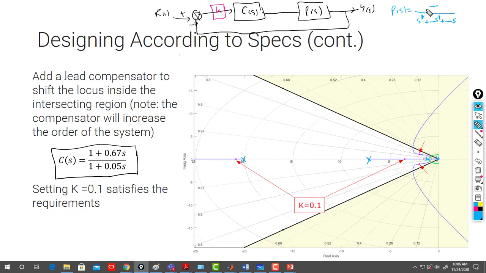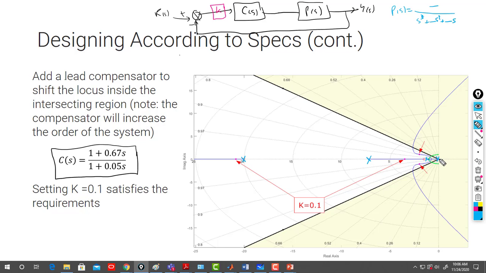It's a third order system P by itself. When you added C on it, it becomes a fourth order system. So then in open loop you have 4 poles, 1, 2, 3, 4. Those are the poles at K equals 0.